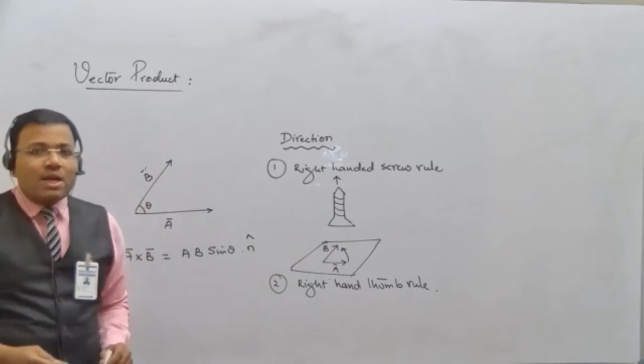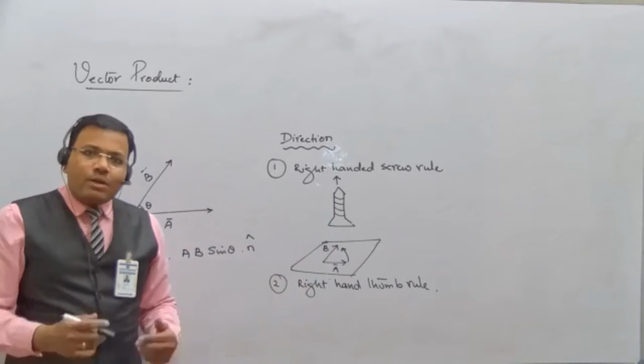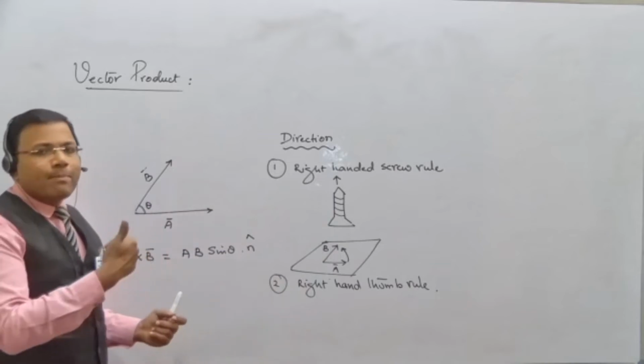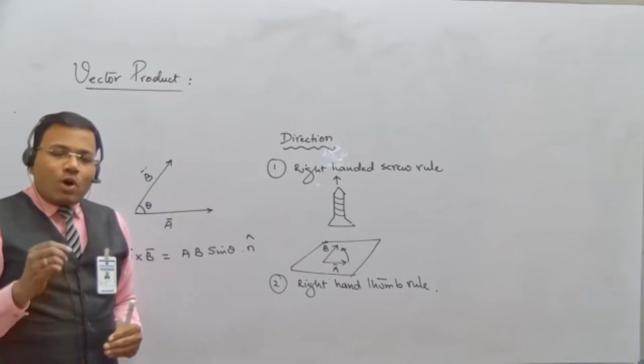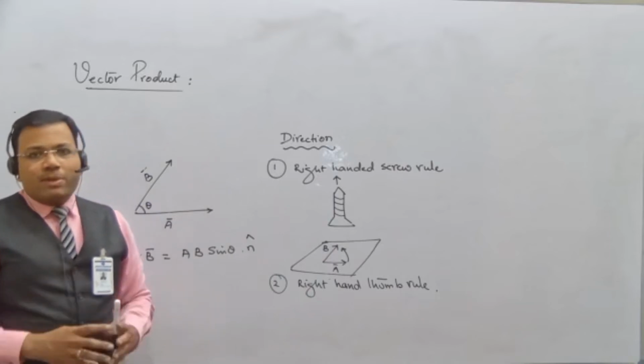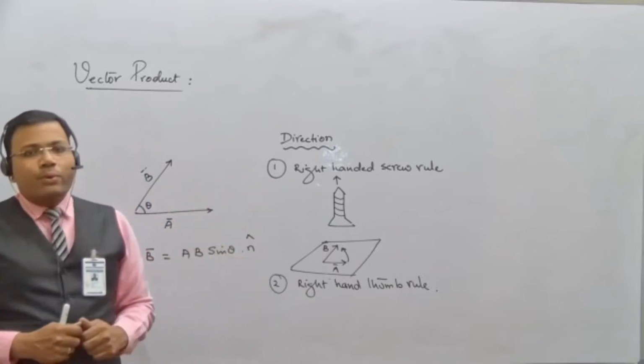Just now I took the example of the screw rule, and the right hand thumb rule also gives the same direction. So irrespective of the method you adopt, the answer will be the same, whether you use the right hand thumb rule or the right hand screw rule.